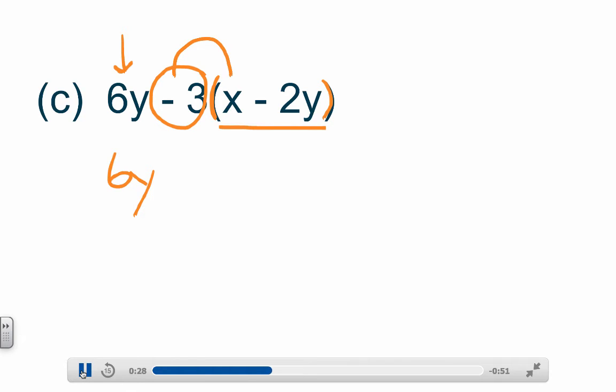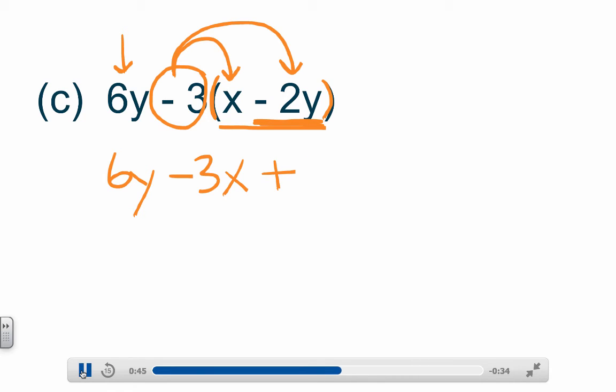So we take -3 times x, which is -3x, and then we have to take -3 times negative 2y. And negative 3 times negative 2 is positive 6. So we'll put it in as plus 6y.